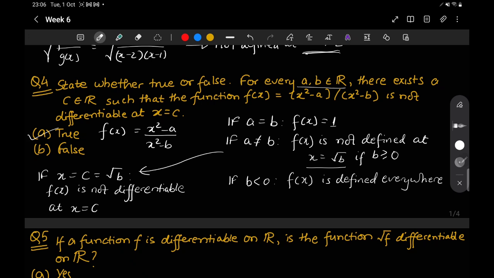So the correct option is true. And the value for c is square root of b. Again, this is only when b is greater than or equal to 0.